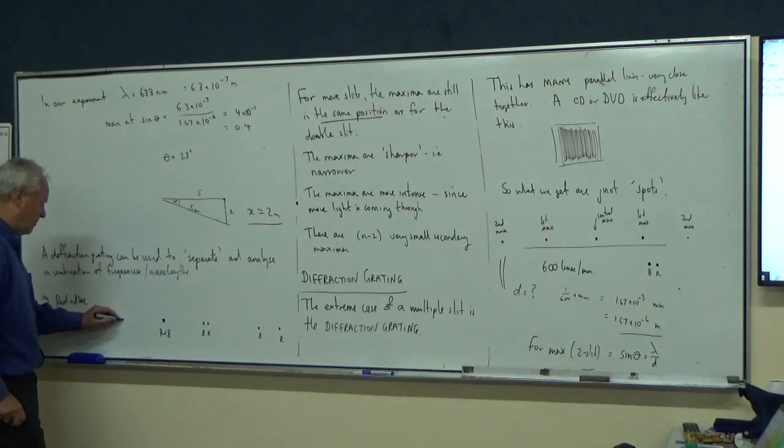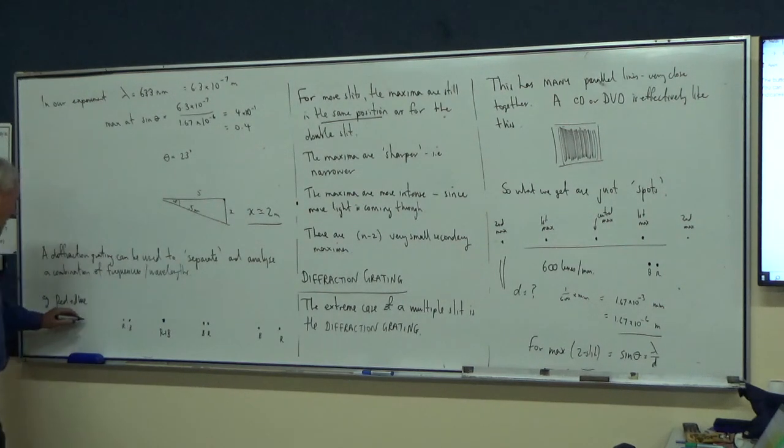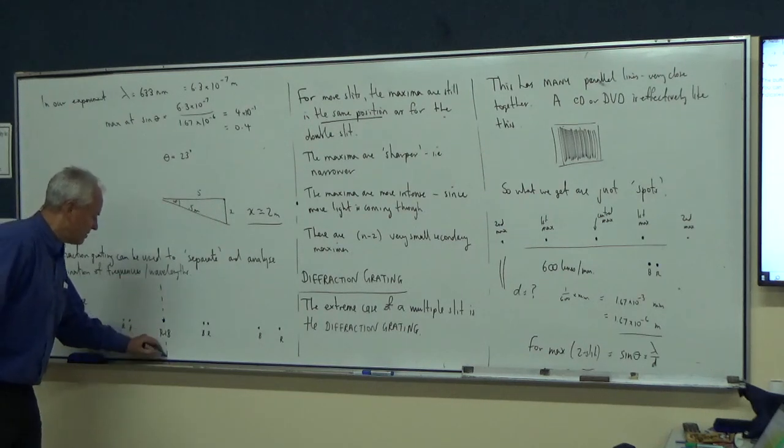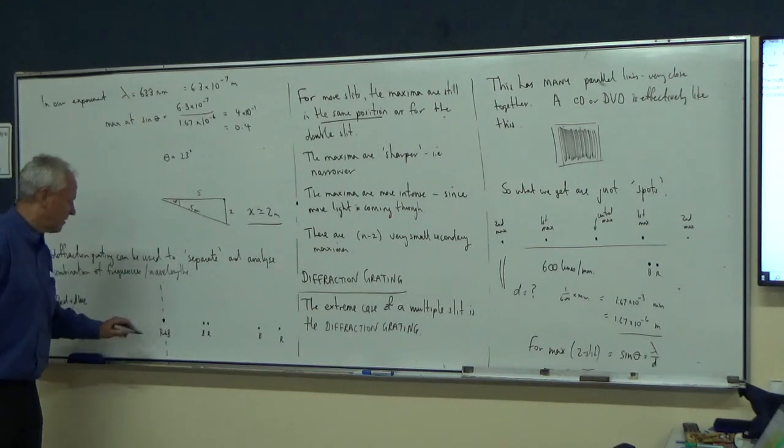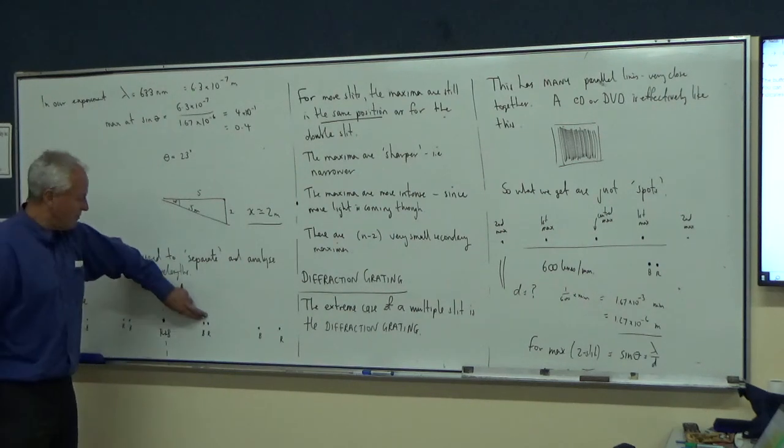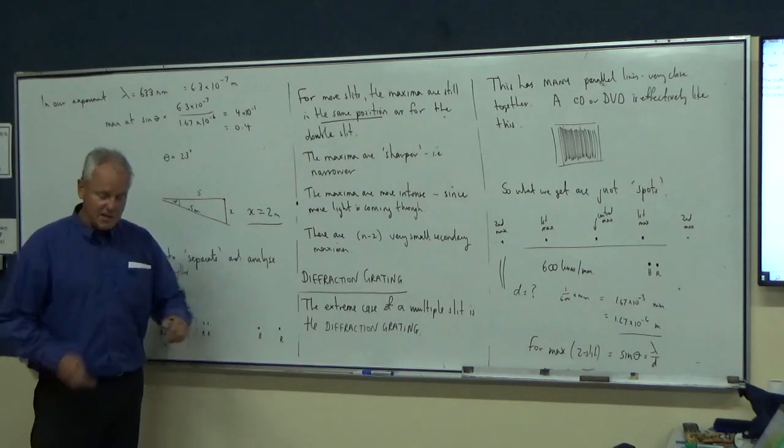Both sides. You've got red on the outside, blue on the inside, and further along you've got blue here and red. So you've got the centre, I'll put the dotted line down there, that's the centre of the pattern there, red and blue together in that. You've got some separation there and a bigger separation here.